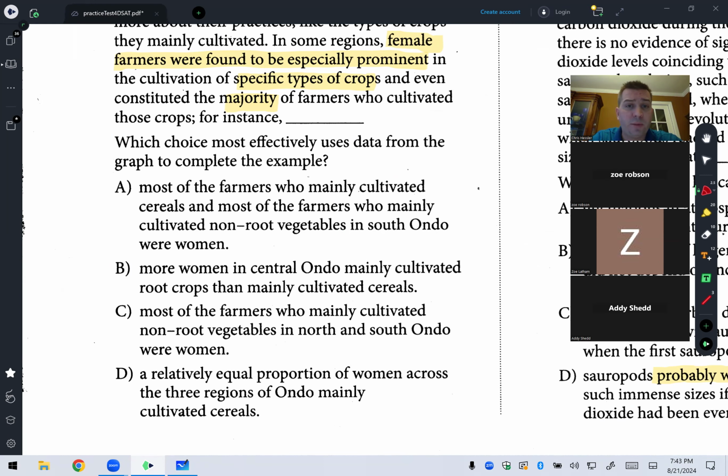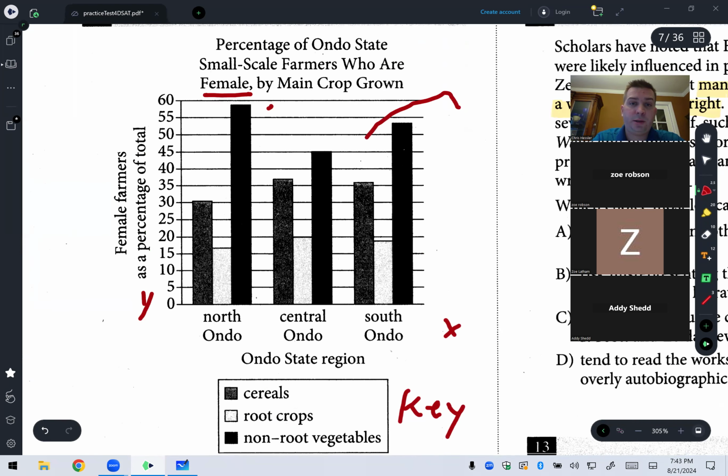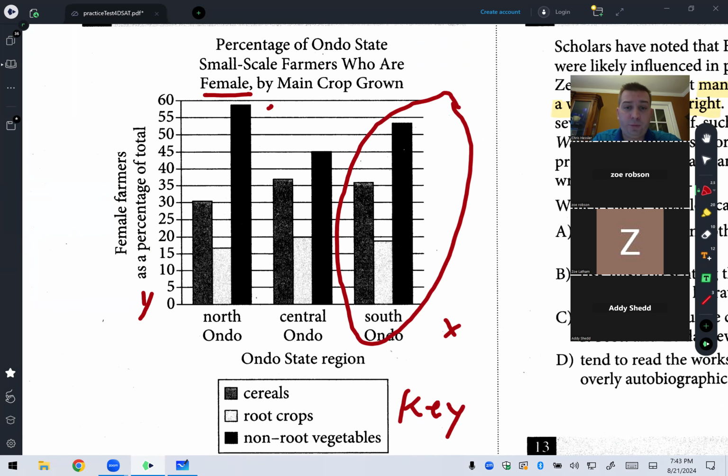All right, so now I know I'm in South Ondo. So I'm looking at this part of our graph. Most of the farmers who mainly cultivated cereals, that's right here, and most of the farmers who mainly cultivated non-root vegetables, which is here, in South Ondo were women.